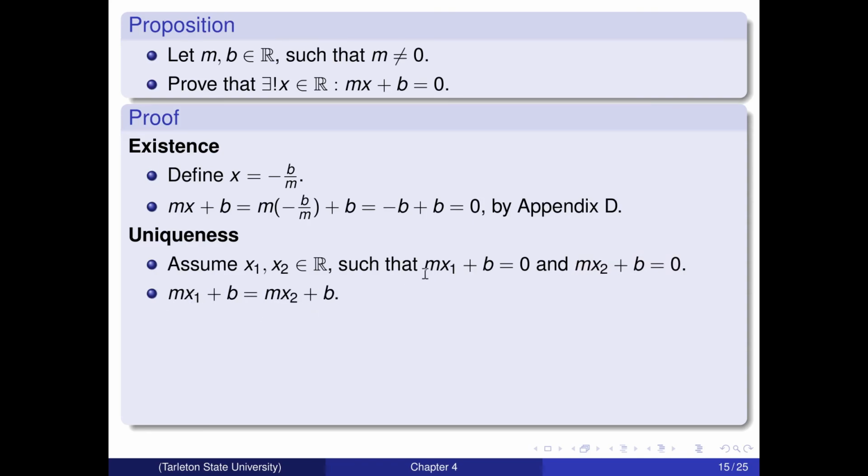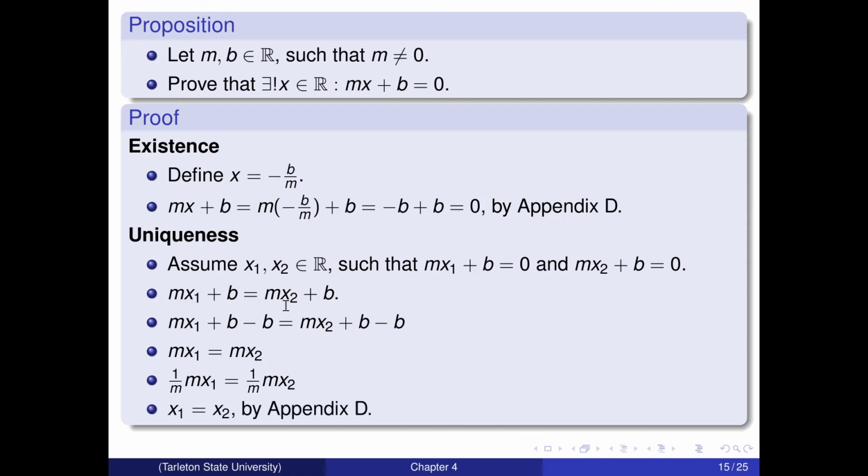If mx1 plus b is 0 and mx2 plus b is 0, then these are equal to each other since they're both equal to 0. And now we can simply subtract b from both sides. Again, b plus negative b is 0, and 0 plus anything is itself. And then we can multiply both sides by the multiplicative inverse of m. And so we end up getting x1 is equal to x2 by Appendix D.